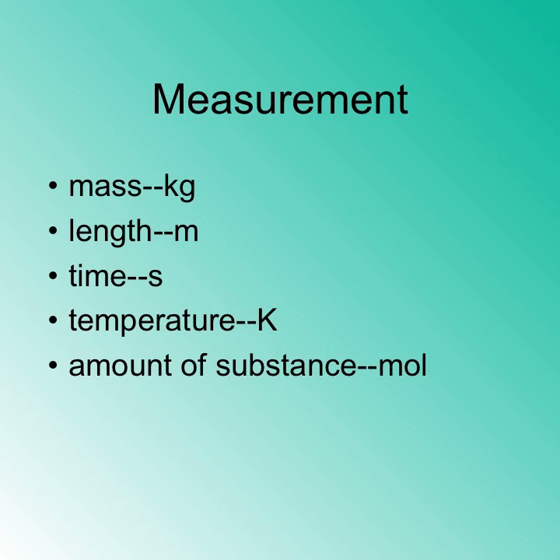It's not appropriate, for example, to measure the mass of an aspirin tablet in kilograms. You would tend to measure that in grams or milligrams. But I'm just telling what the SI unit is. Length is meters. Time is seconds. Temperature is Kelvin. And the amount of a substance is a mole.